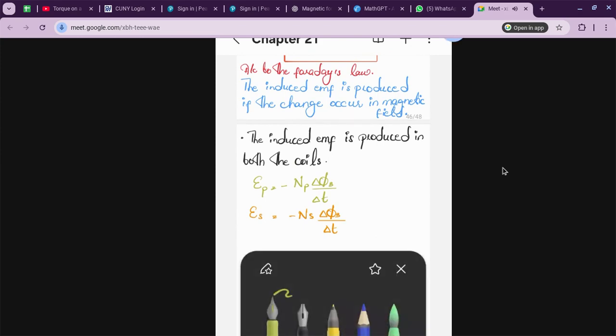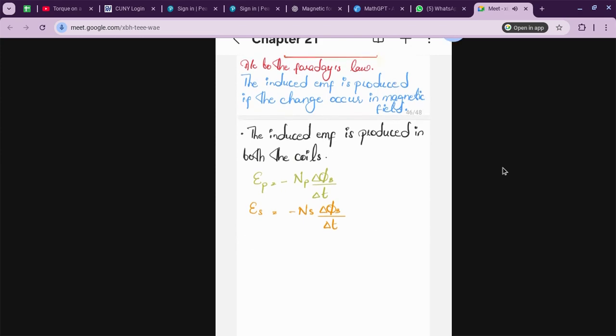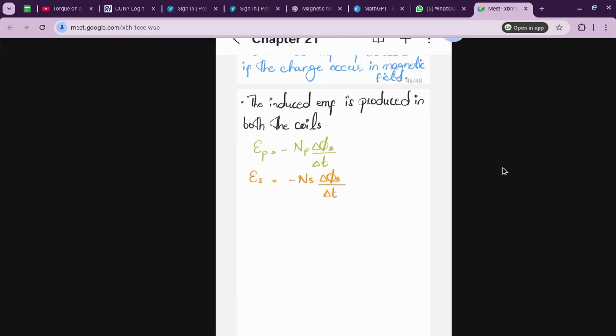So now let's divide both the equations. Divide them.